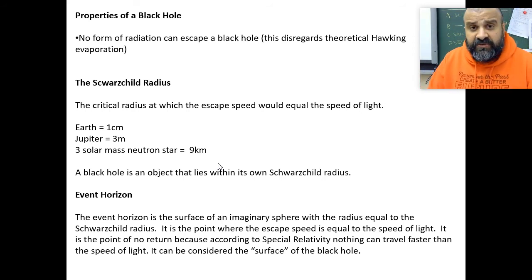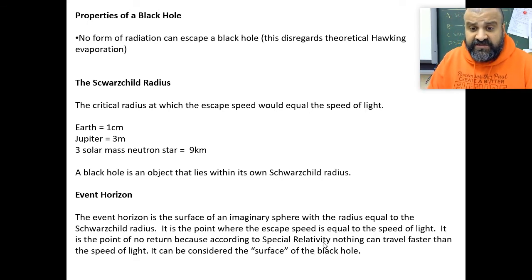And that brings us to the idea of the event horizon. The event horizon is the surface of an imaginary sphere with the radius equal to the Schwarzschild radius. It is the point where the escape speed is equal to the speed of light. It's the point of no return, where we can't escape.